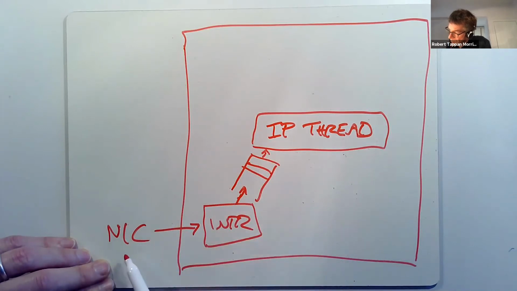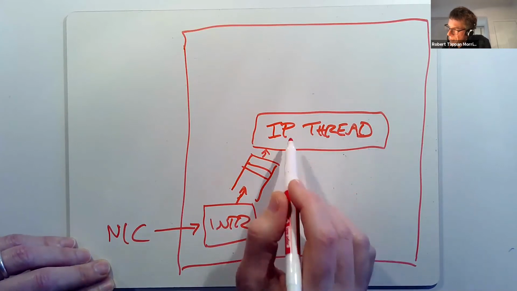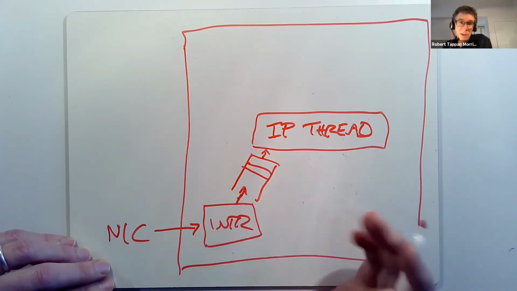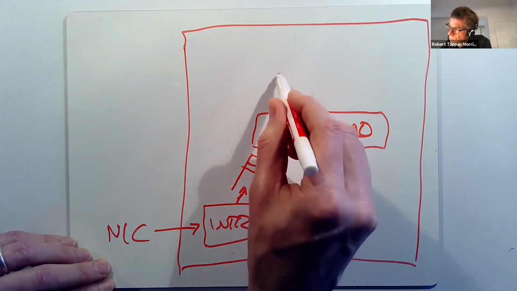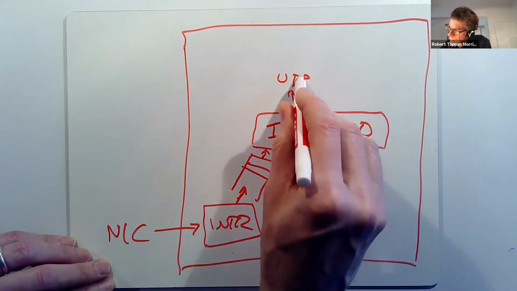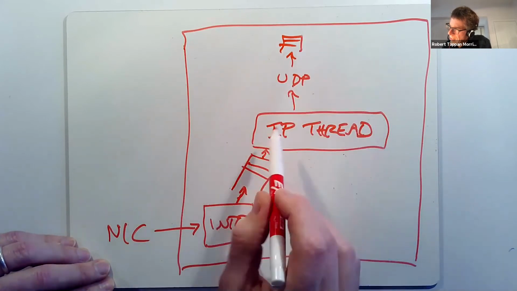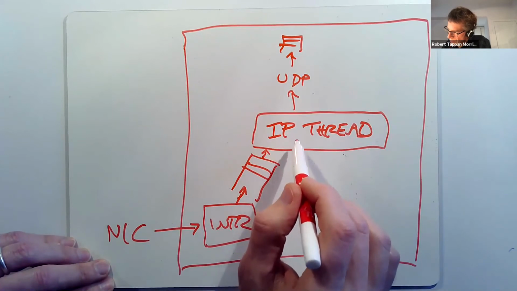There may be multiple NICs appending packets to these queues. So our IP thread runs, looks at packets that have been queued here, and decides what to do with them. One possibility is to send them up through UDP into the sockets layer to be queued, waiting for some application. Typically this will just be function calls within the context of this thread.